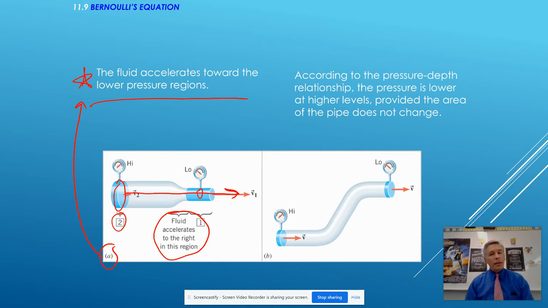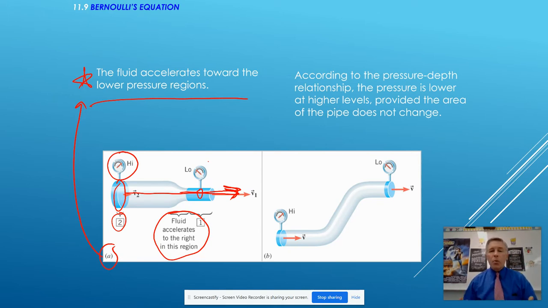The other part, and we're going to find out why with Bernoulli's equation, is that this causes a change in pressure. If you are moving faster, we saw this with the fluid simulation lab, you have lower pressure. This fits with what we know about fluids flowing from high pressure to low pressure.